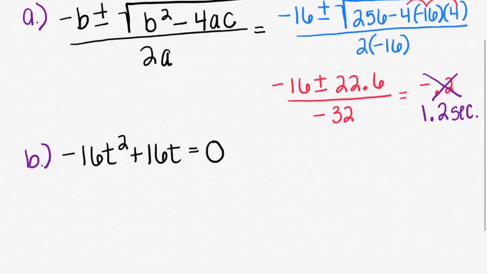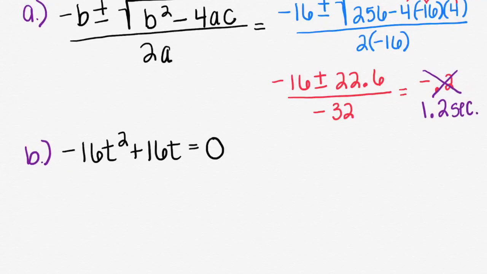Okay, so I'm going to tell you, yes, you can definitely do the quadratic formula, but I'm not going to do it that way. I'm going to do it using factoring because these terms are so closely related. And I'm going to go ahead and factor out a negative 16t. And if I divide negative 16t squared by negative 16t, I get t.